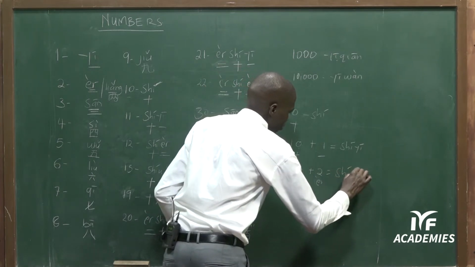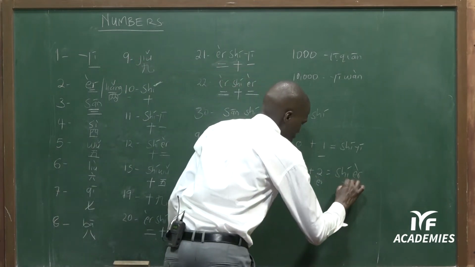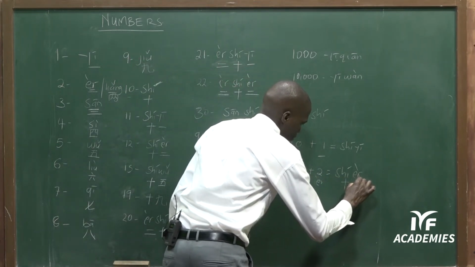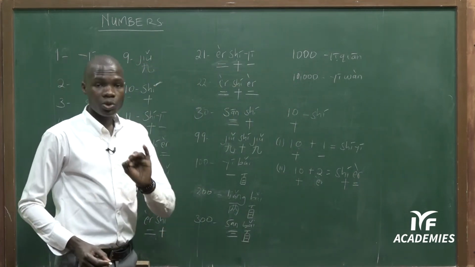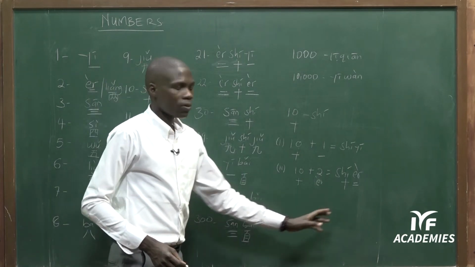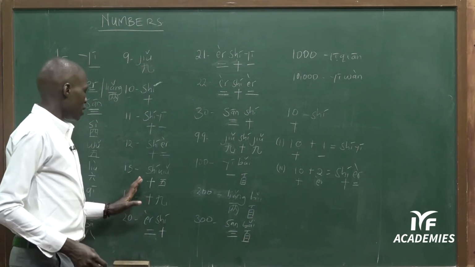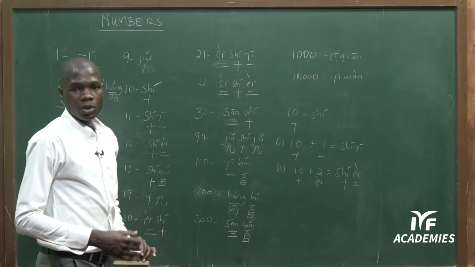So number 12 is shi er. Shi er means number 12. Shi er, 10, then 2. When you are talking about number 15, it is the same.